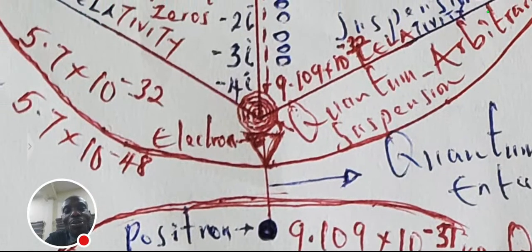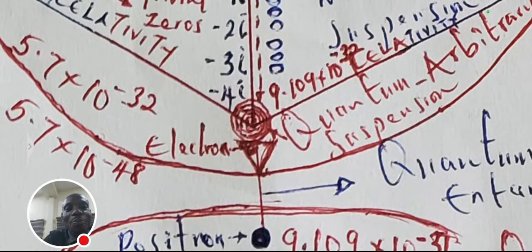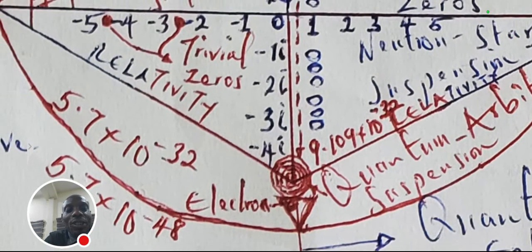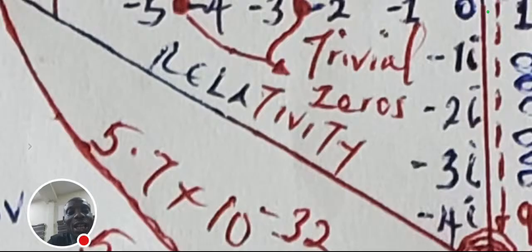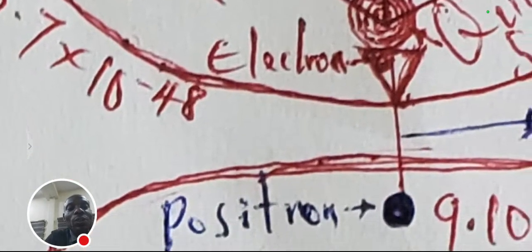But then we have the value of the electron to be 9.109 times 10 raised to power minus 31, which is bigger than the value of the suspension of this quantum arbitrary, and that is 5.7 times 10 raised to power minus 32. So this value is bigger.